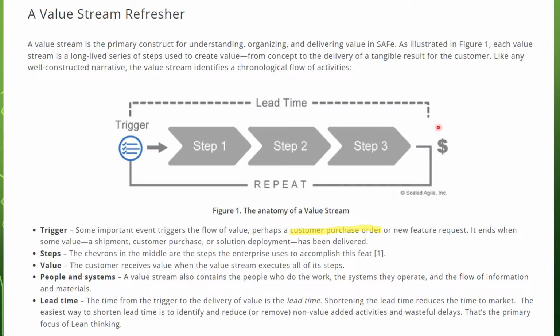The customer realizes the value once he receives the car. There are people and systems involved in this whole process, in all the activities. The time between receiving the order and delivering the value to the customer is called lead time. So this is a simple value stream example.